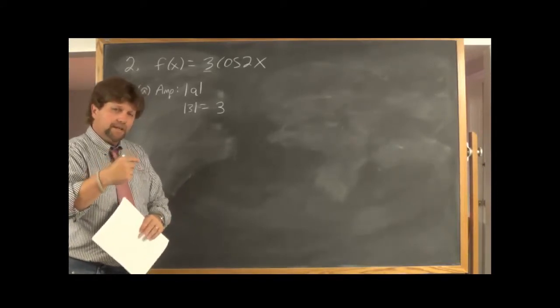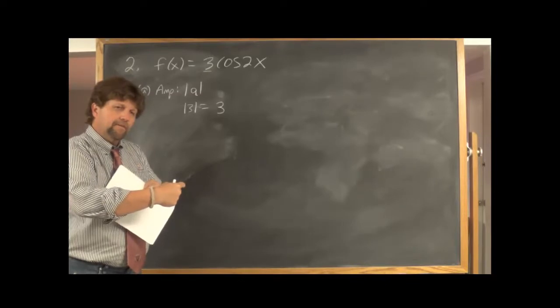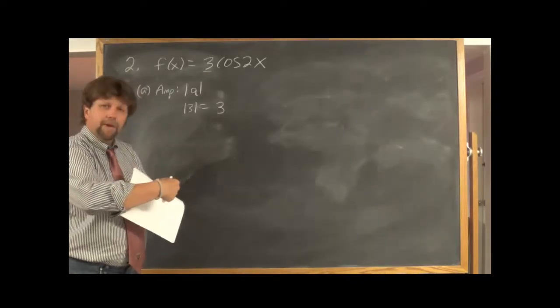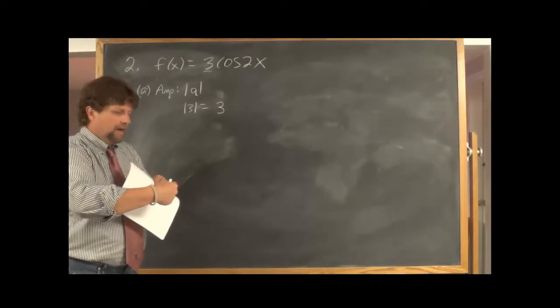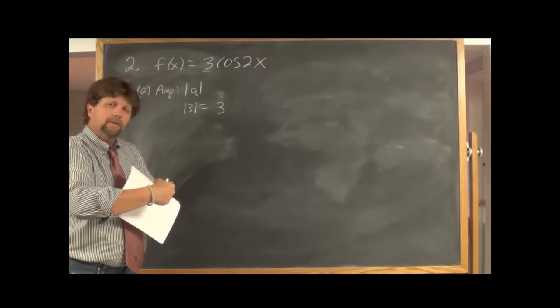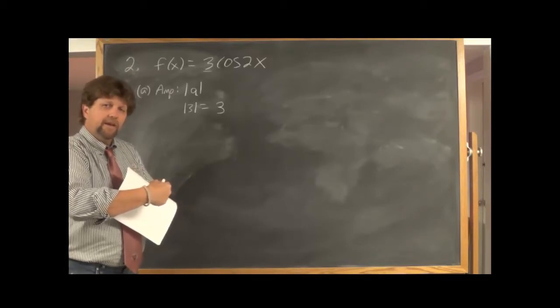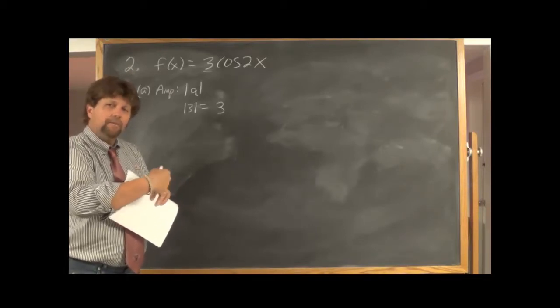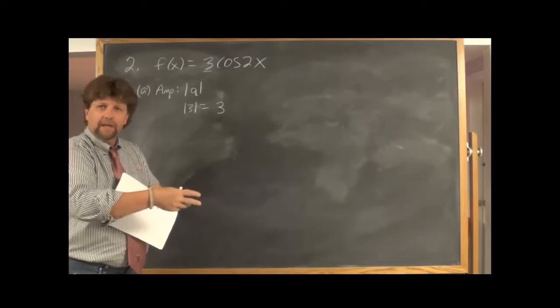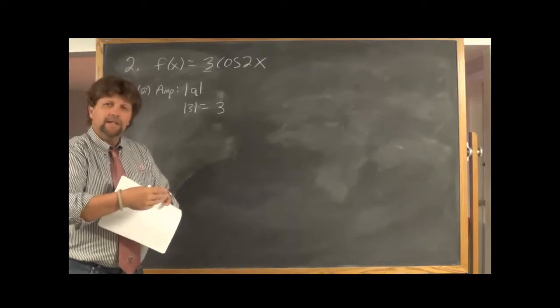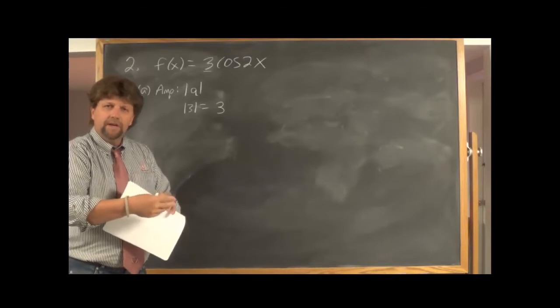Remember, period is nothing more than the length of an interval in the domain, the x-axis, that we would see one complete cycle of the graph. If you know what it looks like for one complete cycle, then you'll know what it looks like everywhere, which is why we tend to do the graphs just on one period.